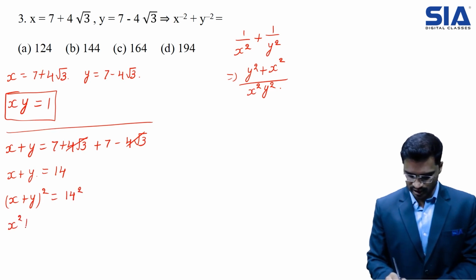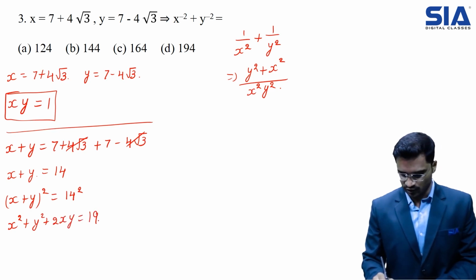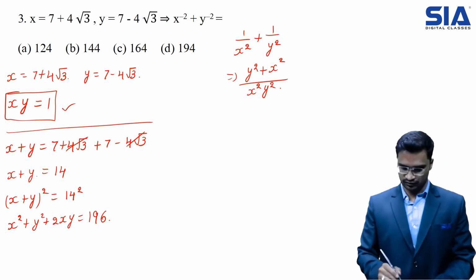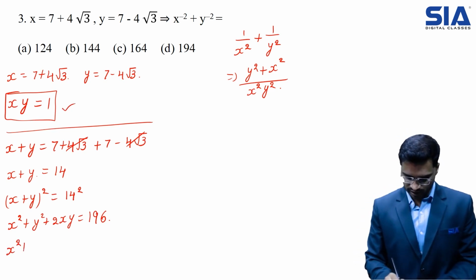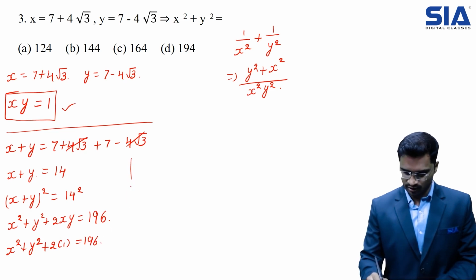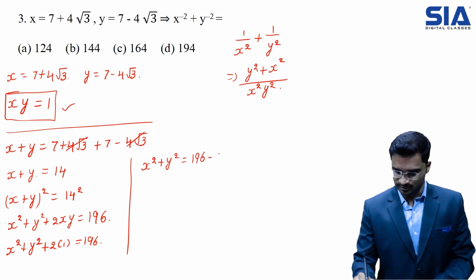So x square plus y square plus 2xy is equal to 14 square. 14 square is 196. We know the value of x into y, x into y is 1. So x square plus y square plus 2 into 1 is equal to 196. From this I can say that x square plus y square is equal to 196 minus 2, which is 194.